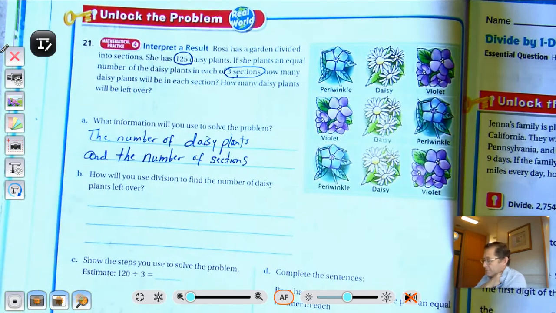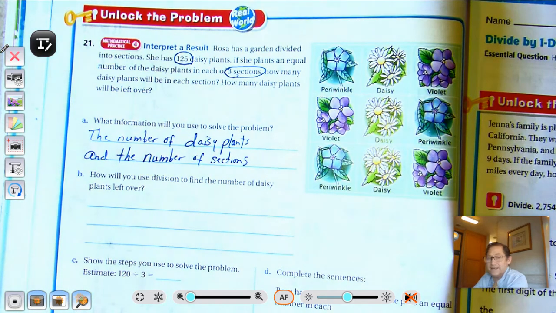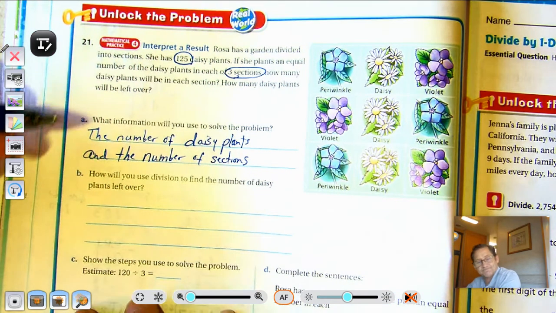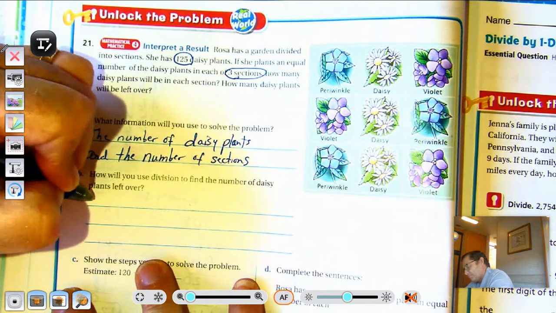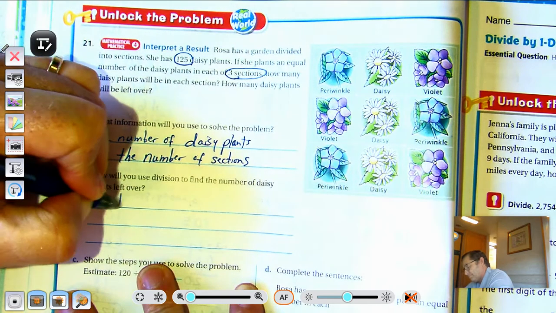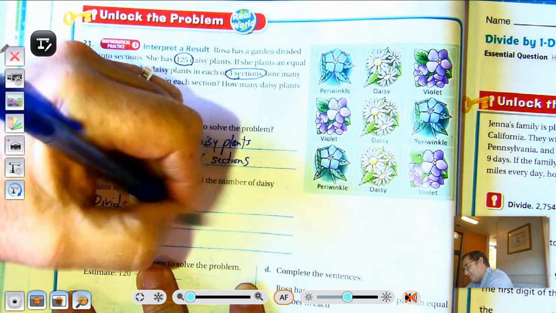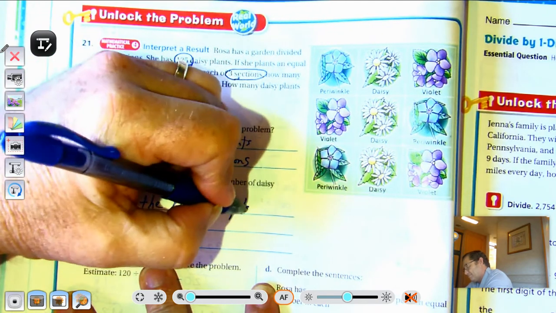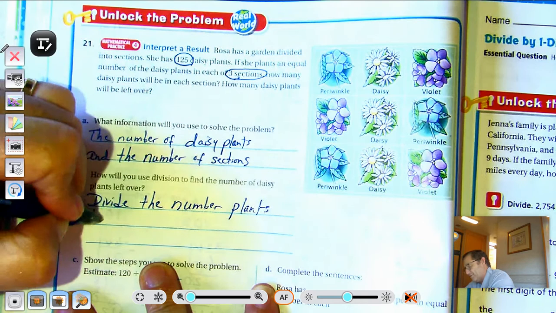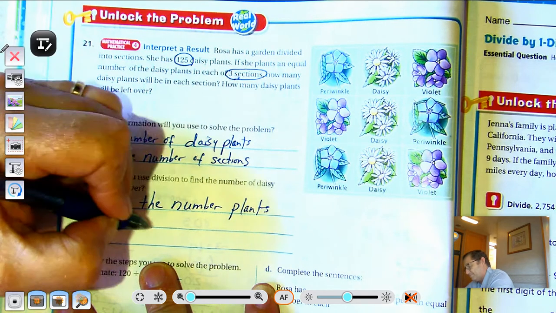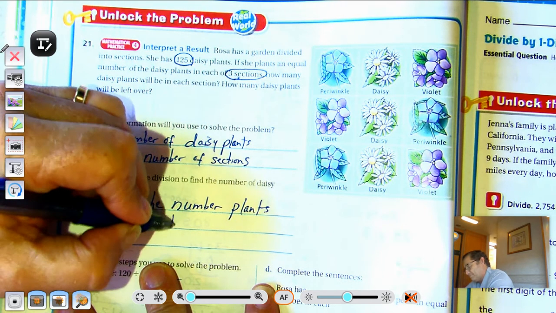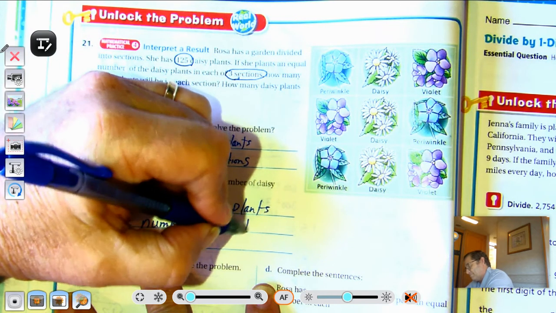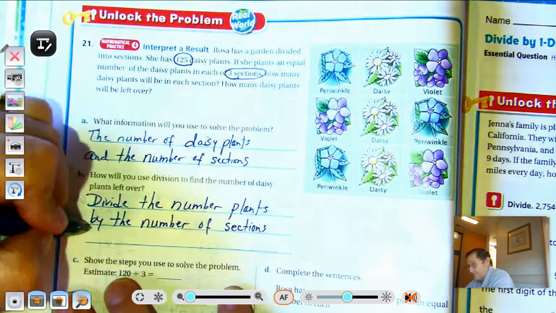How will you use division to find the number of daisy plants left over? Divide the number of daisy plants by the number of sections to see if there's a remainder.